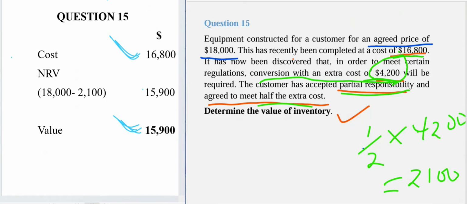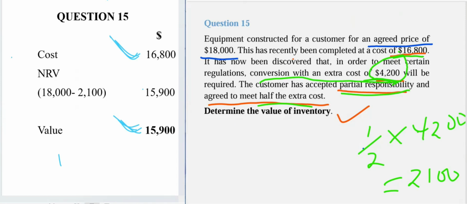So there's a write down. Are you following? So the difference is the write down. And then we even learned what we do when there's a write down. We said when there's a write down, we would debit something and credit something. If you remember, we would debit cost of sales and we credit inventory, right?